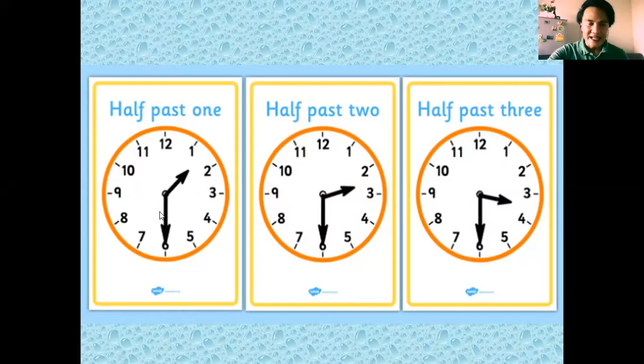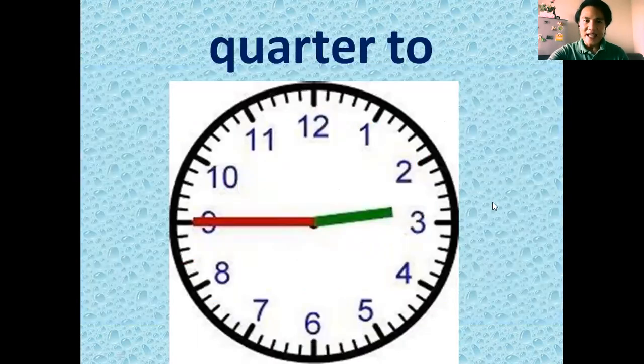Example: half past 1, half past 2, half past 3. Again, half past 1, half past 2, half past 3. That's it. Next vocabulary word is quarter to.